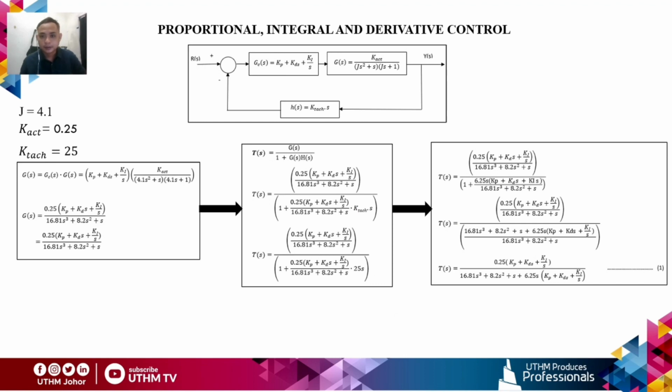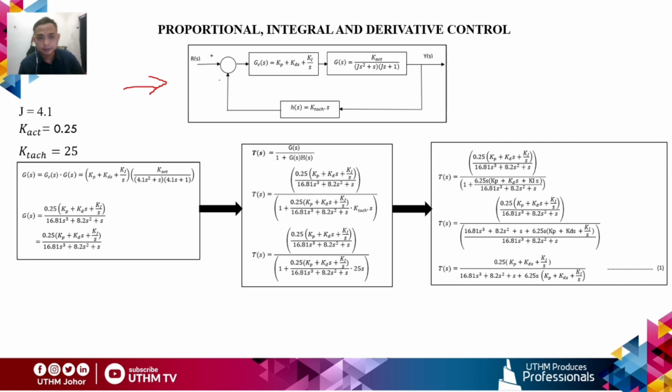As for the effect of the P, PD and PID controllers, I would like to explain the PID controller effect, where as you can see here, this transfer function diagram that we made from the previous explanation.